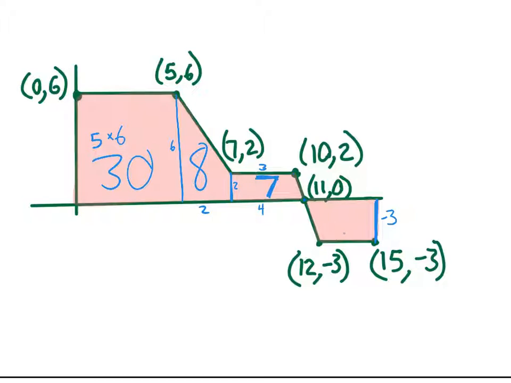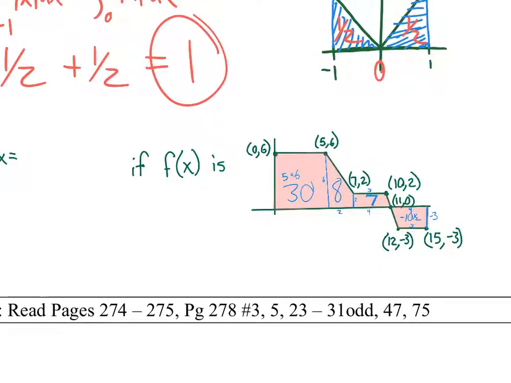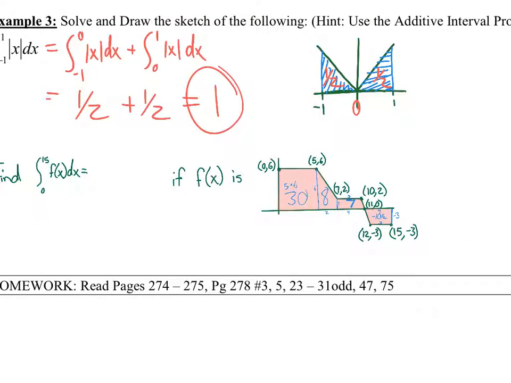The bases are 3 and 4, so we've got 3.5 times -3. 3.5 would be 7 halves, times 3 is 21 halves. So -21 over 2, which is -10.5.